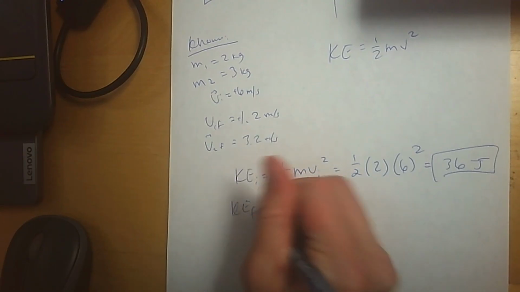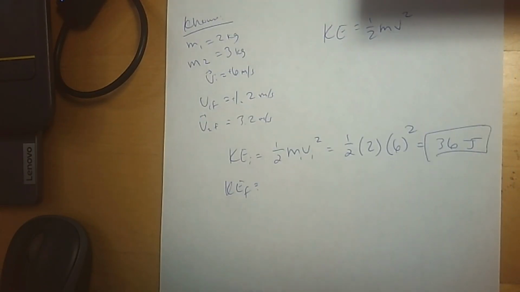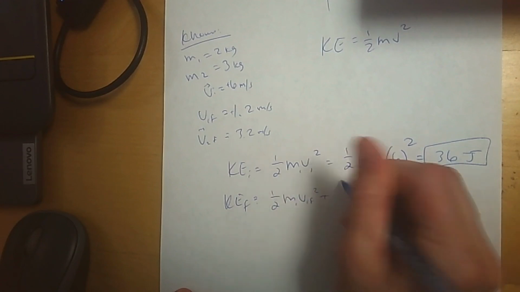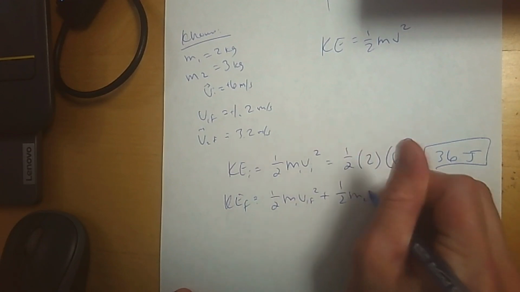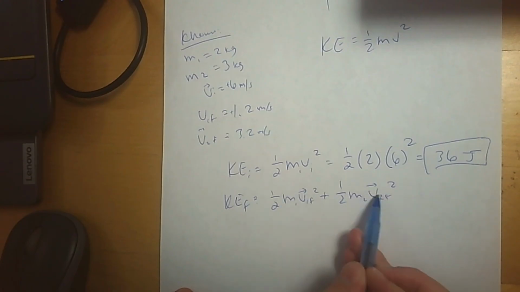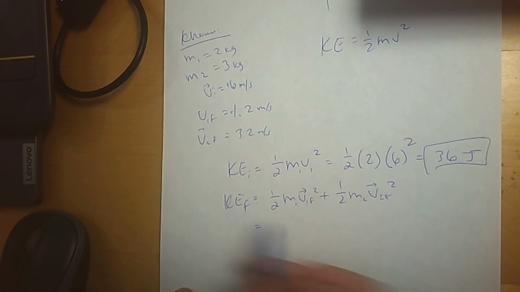My kinetic energy final is going to be 1/2 m1 v1 final squared plus 1/2 m2 v2 final squared. Oh, you know what? I put vector signs over it, but I'm squaring it, so even if it was negative, it really doesn't matter. And plus, the actual equation's 1/2 mv squared, where v is speed, but that's fine.